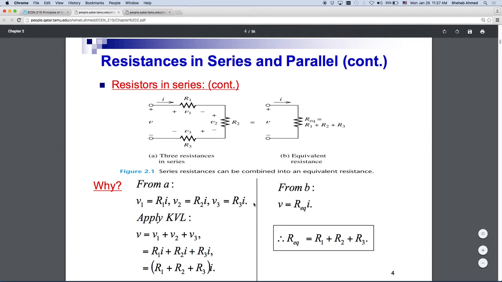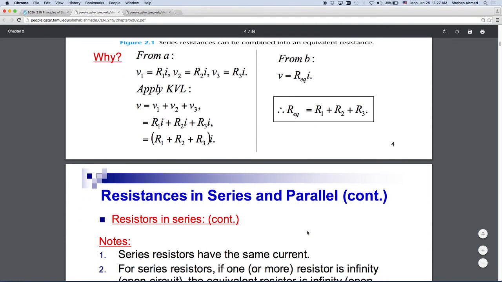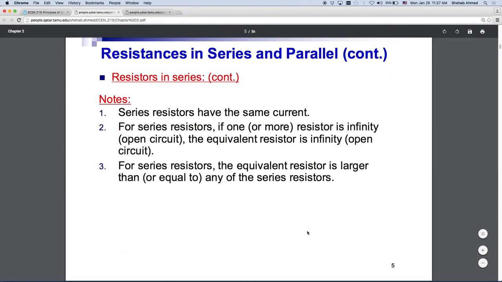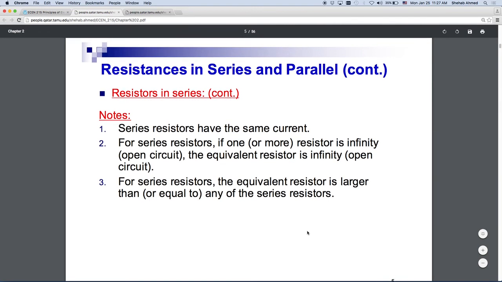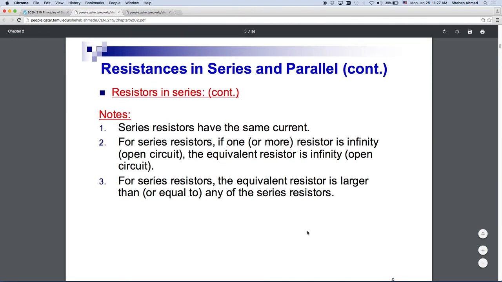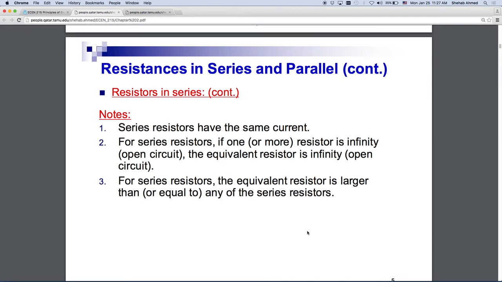So in the series case, we added them up, and the equivalent resistance is larger than all of them, right? Some notes on series resistors: they have the same current. If one resistor is infinite, if one resistor is an open circuit, current is not going to flow. If any of the resistors is an open circuit, current will not flow.